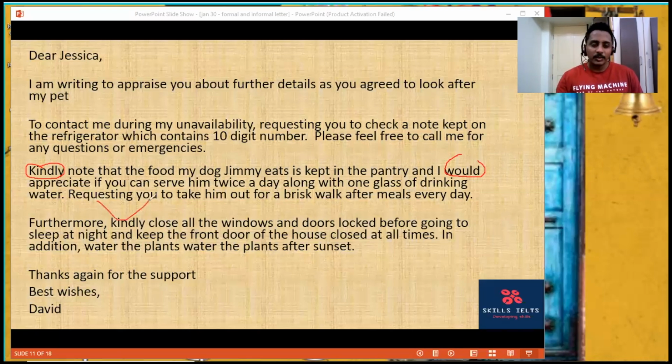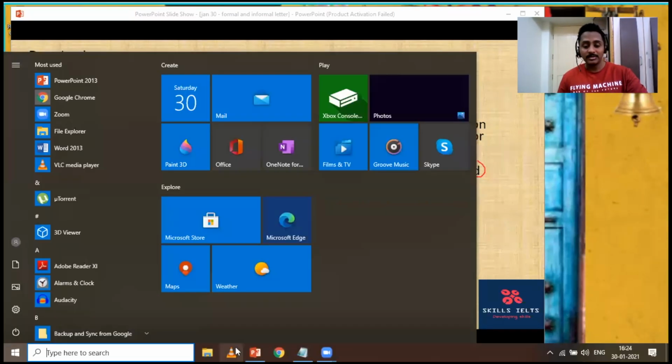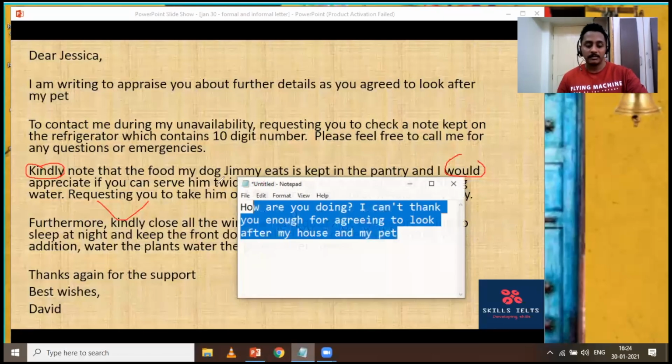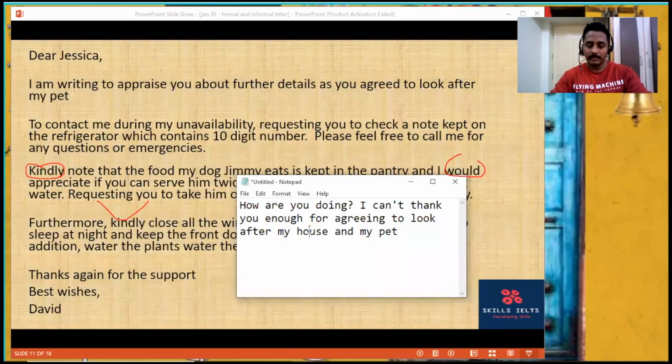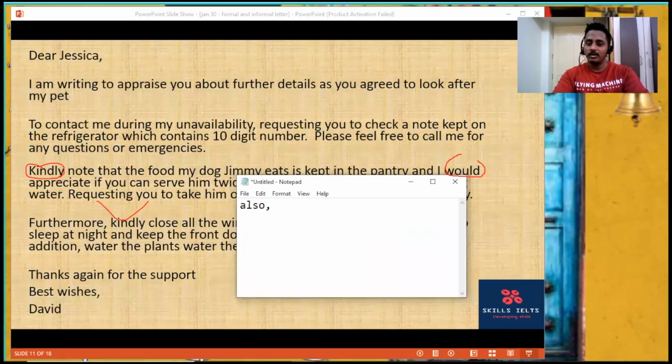Requesting you, don't actually request. You request, but not as in you write requesting. Don't forget to pay more attention. These are a few of the words, a few of the phrases. One of the phrases is also don't forget to. So these two are commonly used in an informal tone.